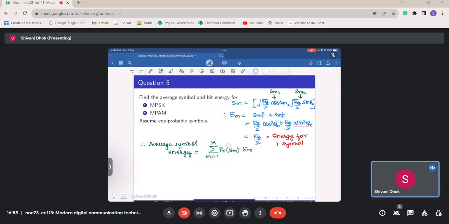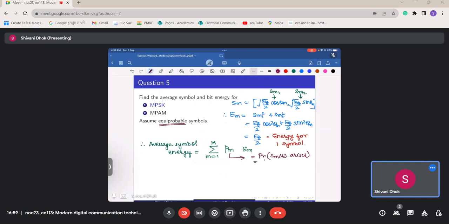Or let me write it as Pm and Em, and this Pm is equal to the probability that Sm(t) arises or is sent. And what we have been given is we need to consider equiprobable symbols.